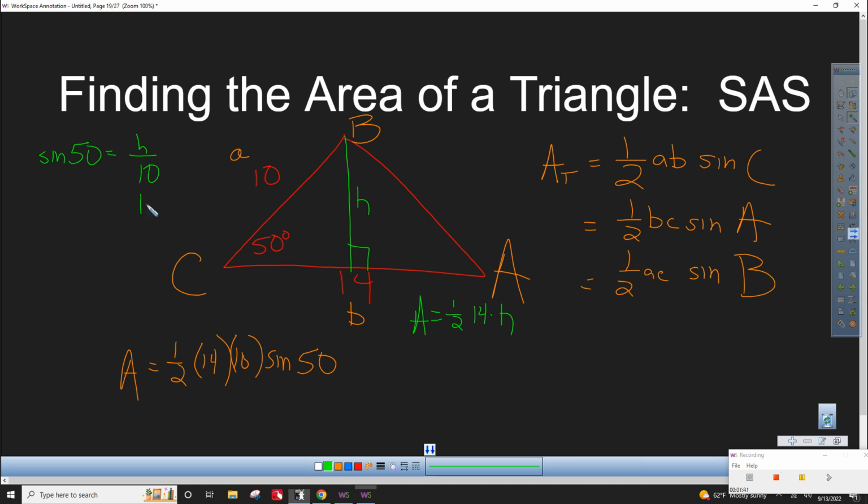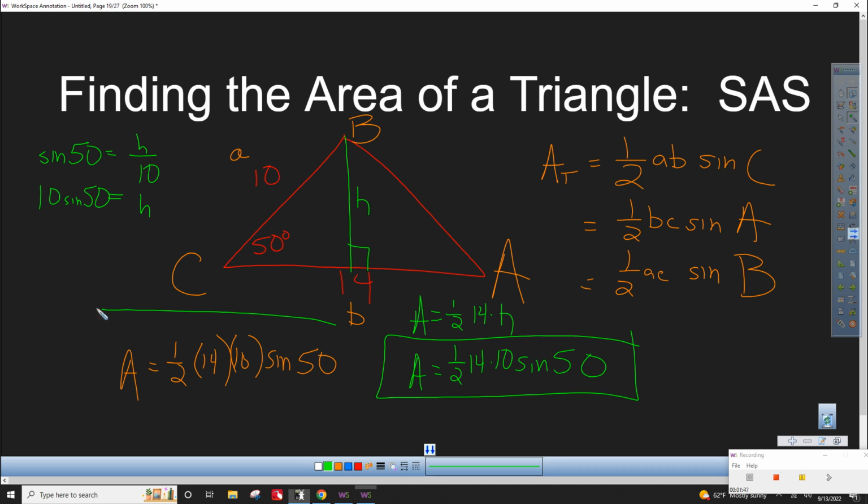So then h is 10 times the sine of 50, and so then the area would indeed be 1/2 14 times 10 sine of 50, and wouldn't you know it, these two things are the exact same thing. So yet again, this is not something you have to memorize. If you have good problem solving skills, you can figure this out without memorizing anything.